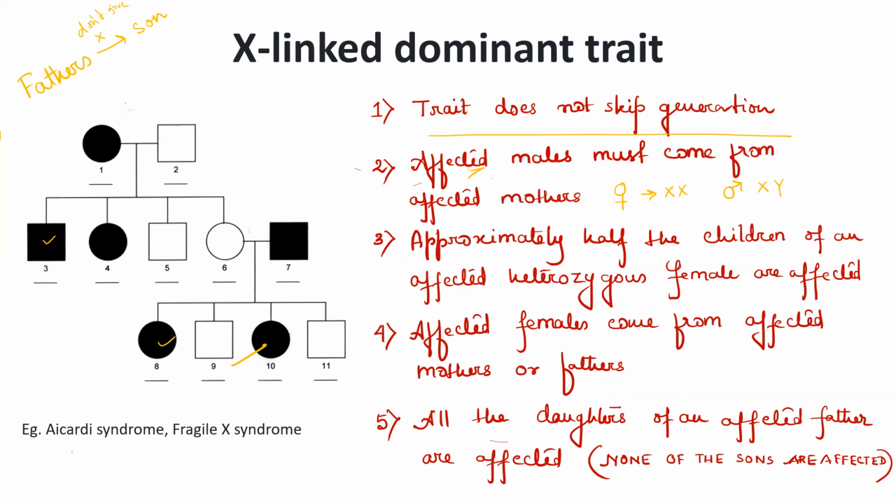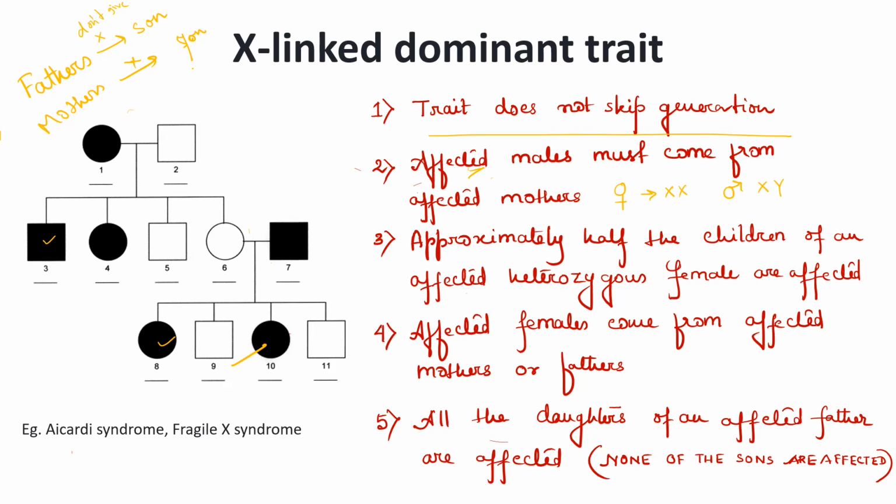Instead, what do they give? They give Y to the son. Mothers, they give X to the son. Therefore, if the problem is with the X and if the son is having the X, then common sense, from where did it come? It has come from the mother and not from the father.